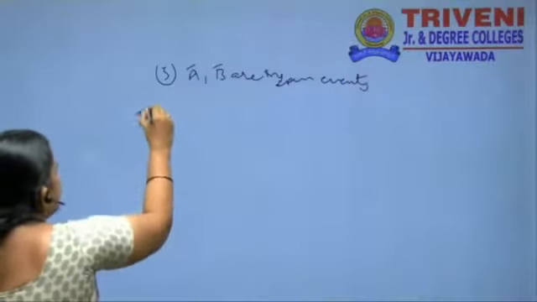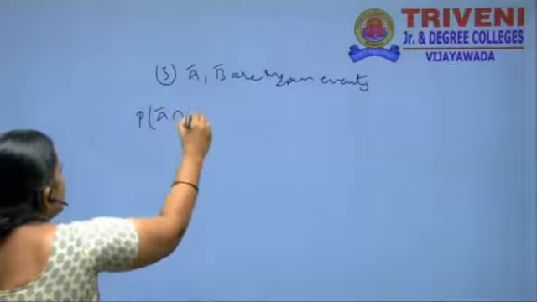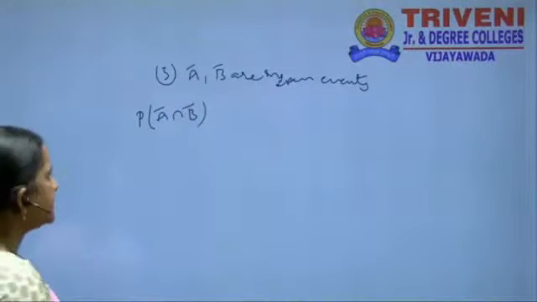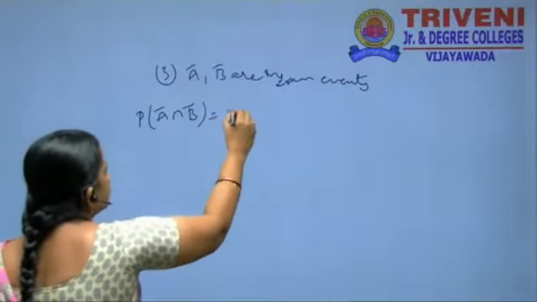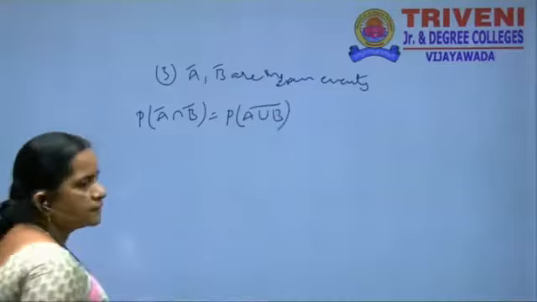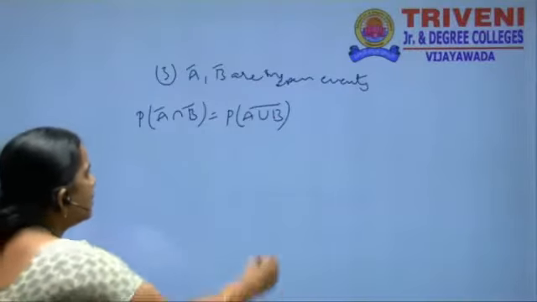That is P of A bar intersection B bar. P of A bar intersection B bar can be written as P of A union B whole bar.